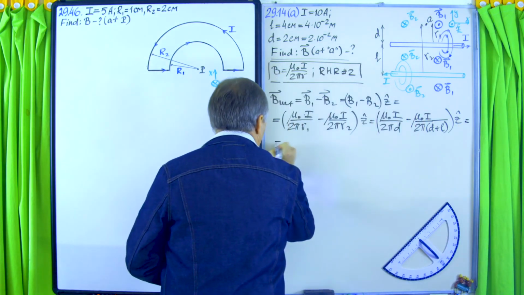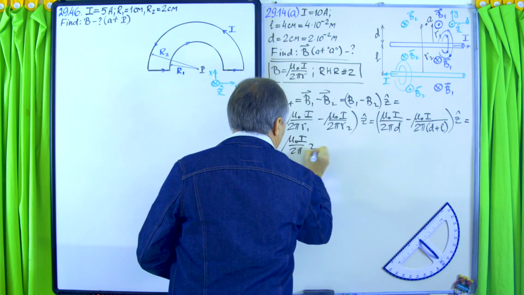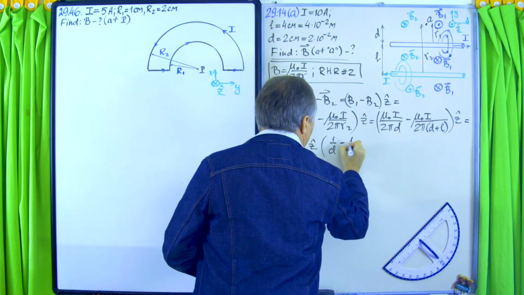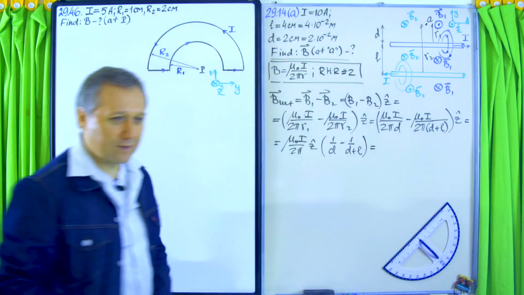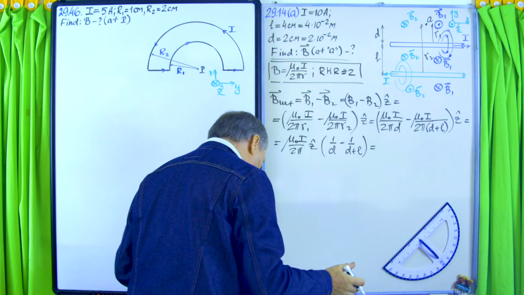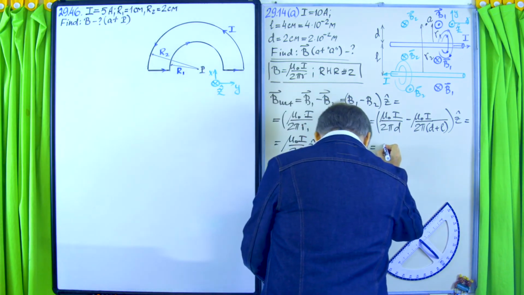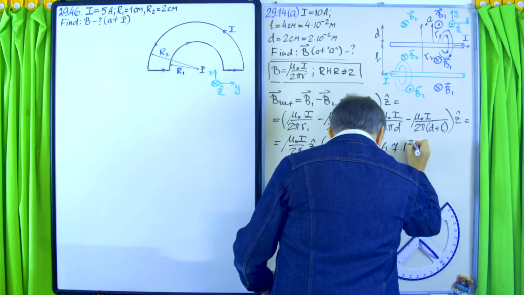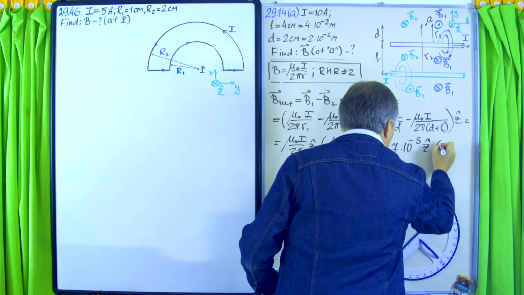Just factor out mu naught I divided by 2 pi and z hat direction, and over here we're going to have 1 over D minus 1 over D plus L. Okay, so now the final form. And if you plug in numbers, you're going to end up with 6.7 times 10 to the power of minus 5 in the z direction, units of Tesla.